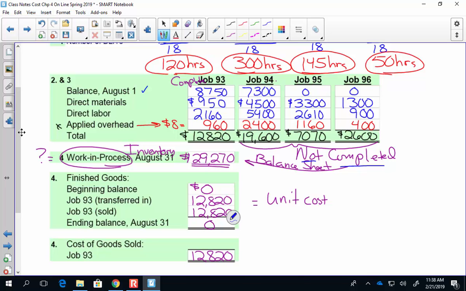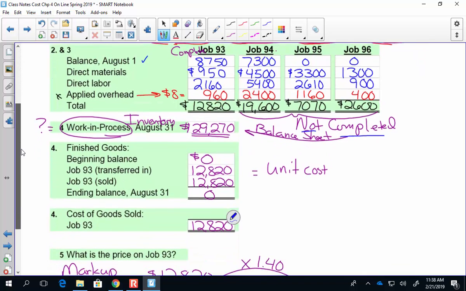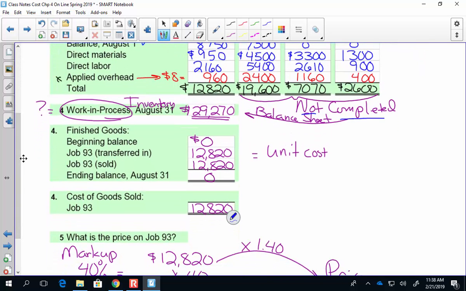If we go to our next inventory count, which is finished goods, we actually completed 1 job. We didn't have any to start with, but we did finish job 93, but we sold it in the same period, and therefore we have a 0 balance in finished goods.